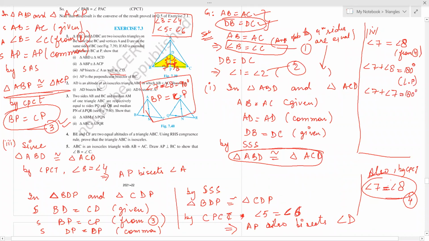So twice of angle 7 is equal to 180 degree. Now angle 7 is equal to 180 by 2. So angle 7 is equal to 90 degree. And from 4, since angle 7 is equal to angle 8, angle 8 is also 90 degree. So we have shown that they are 90 degree.